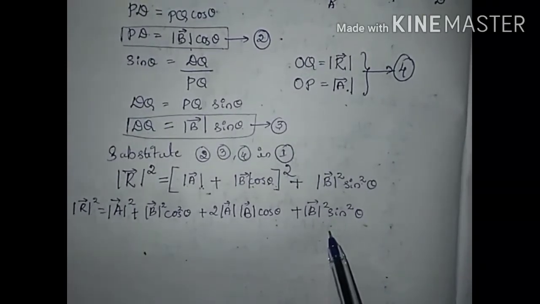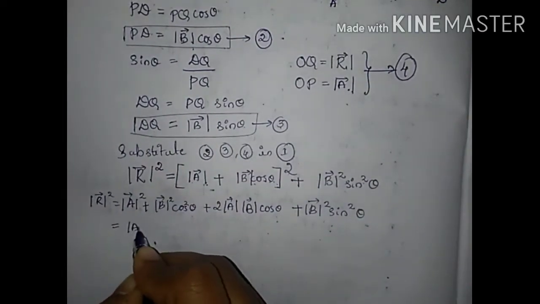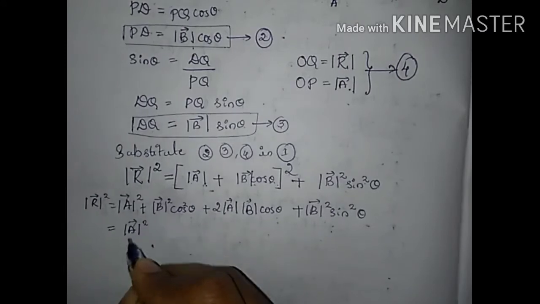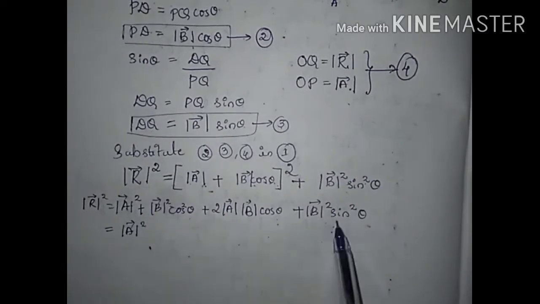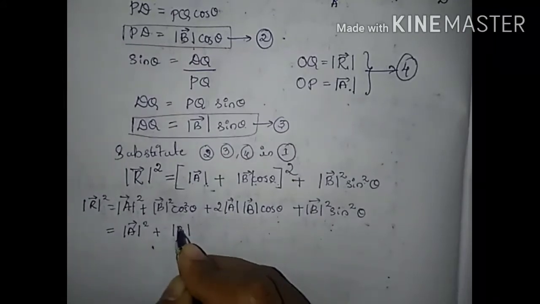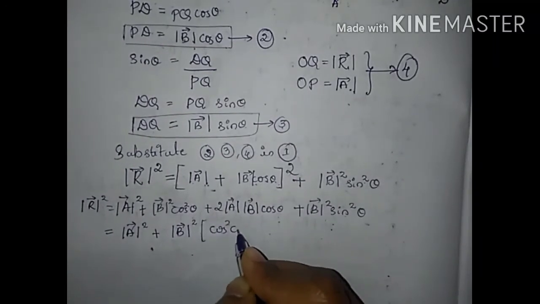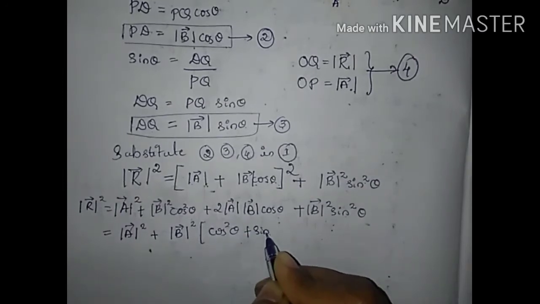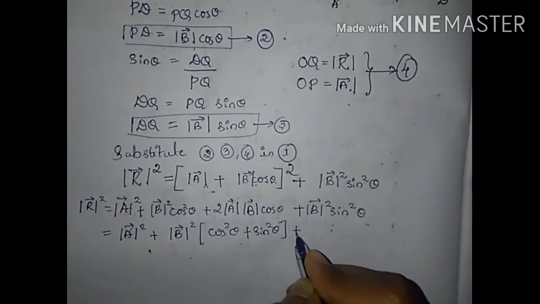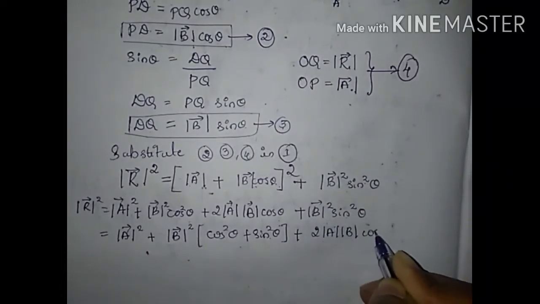So now if you rewrite this equation, you have only one term A square and for B you have two terms. So if I take B square common, then what will be left? Cos square theta plus sin square theta, plus 2AB cos theta.